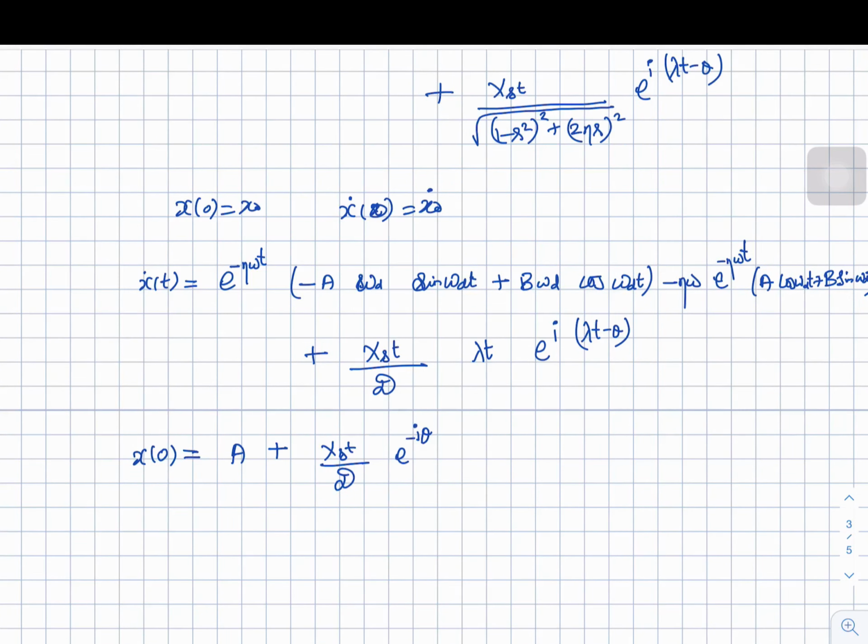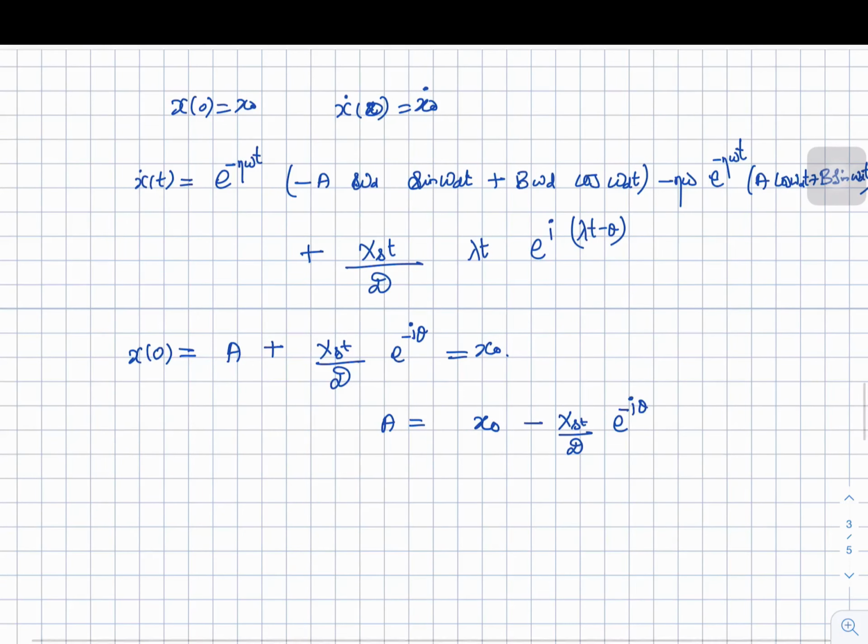Yeah, so now x equal to x naught, therefore A equals x naught minus x_st divided by D into e power minus i theta.